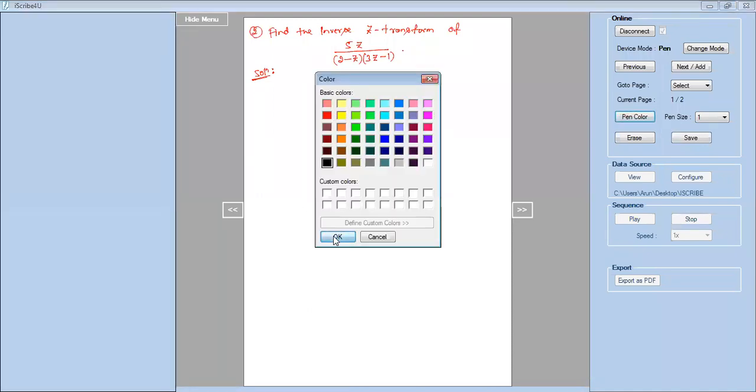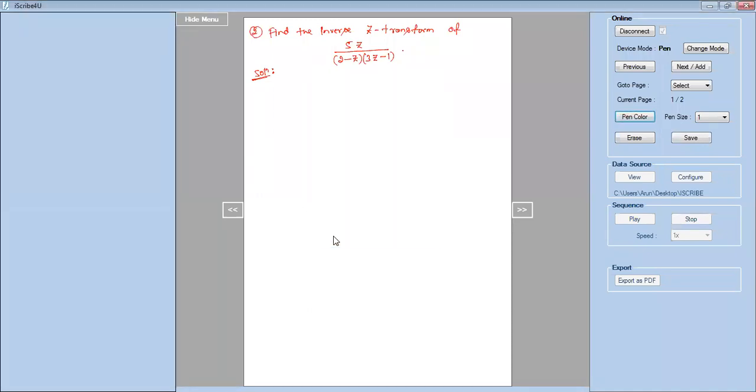Now, what is the first step here? The first step is, let us take the given function as u bar of z. So here u bar of z equals 5 into z divided by 2 minus z into 3z minus 1. Correct? So this is the given function. Now what we have to do in the first step?